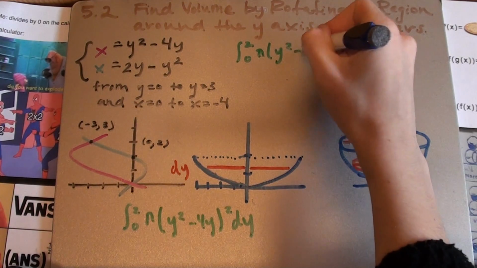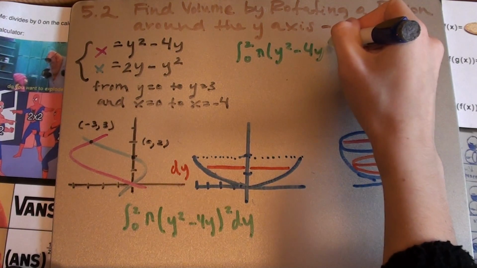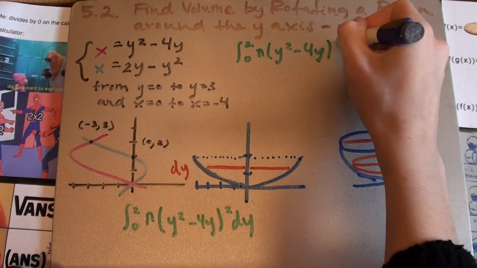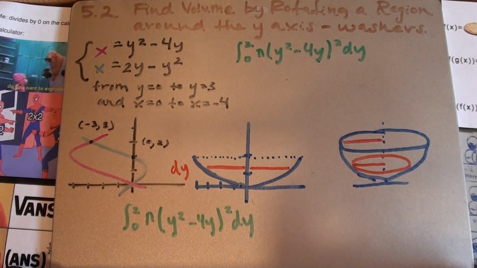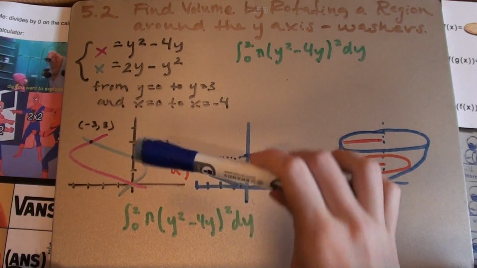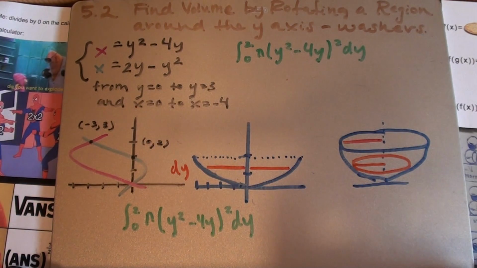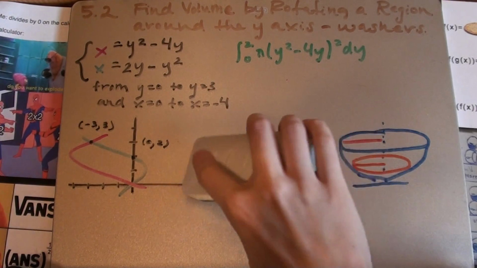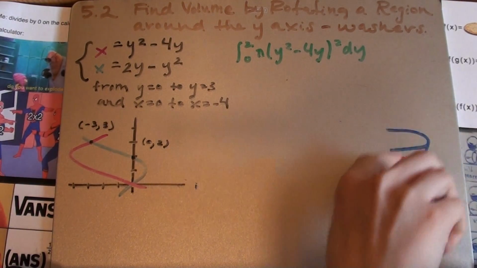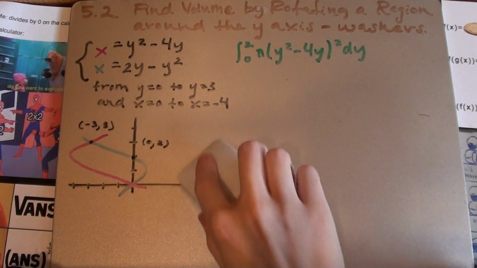So now that we've figured out the volume for the bottom half using the disk method, we can now shift to using the washer method to figure out the volume for the top half of our function. So I'm going to erase our work up to this point, and we're going to use the washer method now.